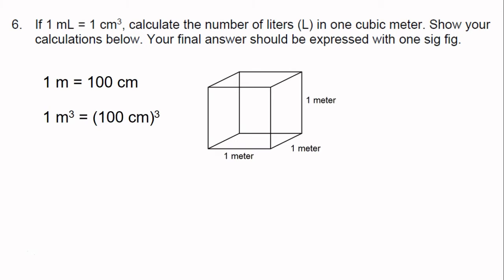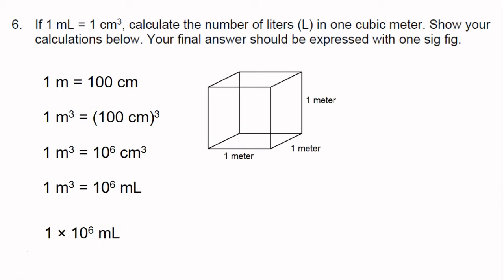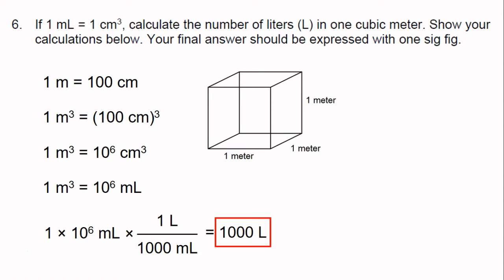That's going to be 1,000,000 or 10 to the 6. And if there are 10 to the 6 or 1,000,000 cubic centimeters in 1 cubic meter, I can replace cubic centimeter with milliliter. Now all I have to do is convert milliliters to liters. Remember, there are 1,000 milliliters in 1 liter. So 1,000,000 divided by 1,000 is equal to 1,000. So the correct answer, there are 1,000 liters in 1 cubic meter.